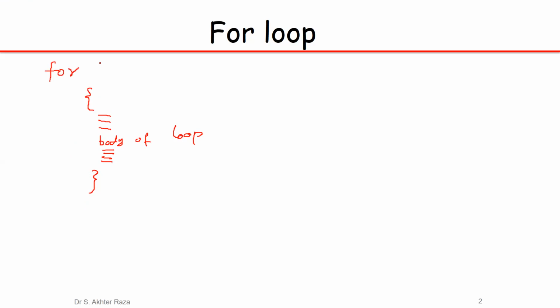You have to write down the for with a bracket. In the bracket you have to initiate a variable, the initialization. Then we have a semicolon and a condition here.